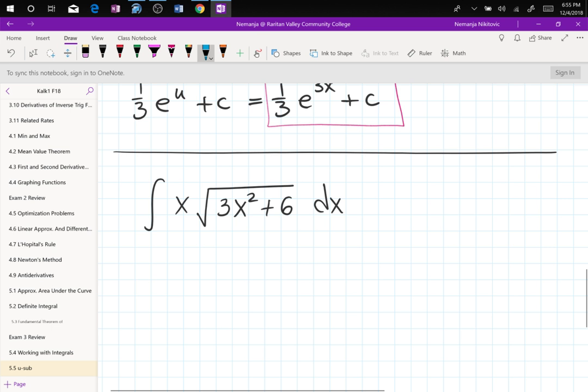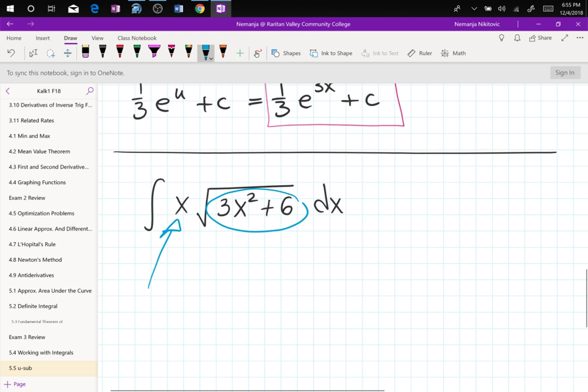What is the key to solving these problems when they're more complicated? We look for what I call a function derivative pair. You see, the derivative of x squared is a single x. Yeah, I know there are numbers involved, but we don't care. We can fix that. One thing you can't fix are variables.